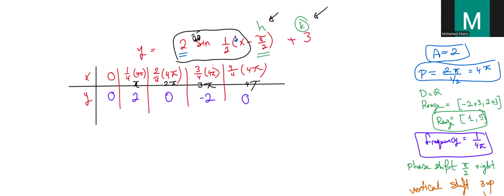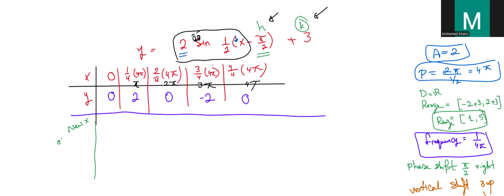Now, what do I have? We have translation. After this, that means we have new x. That means we are going to translate each single x to the right. How many steps? Pi over 2. So as it's to the right, we are going to say here all the x plus pi over 2. Simple. Okay?